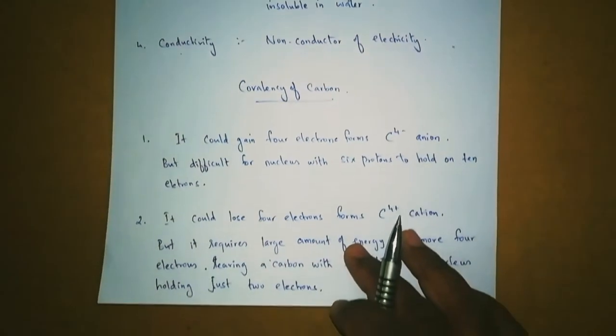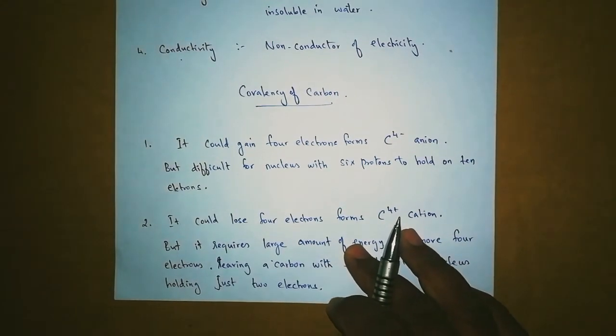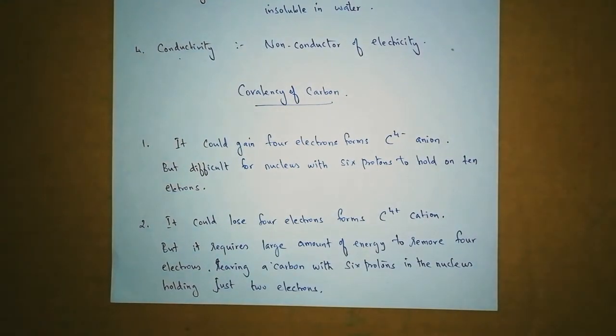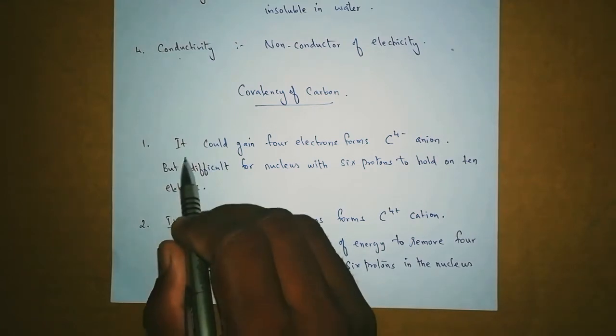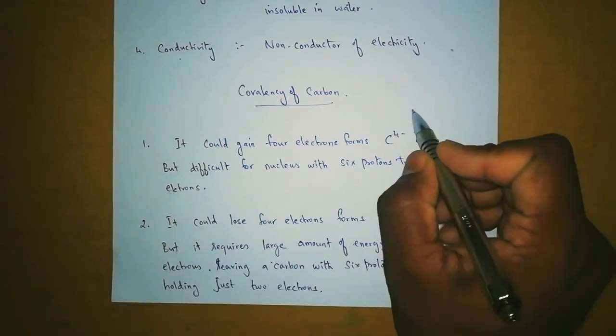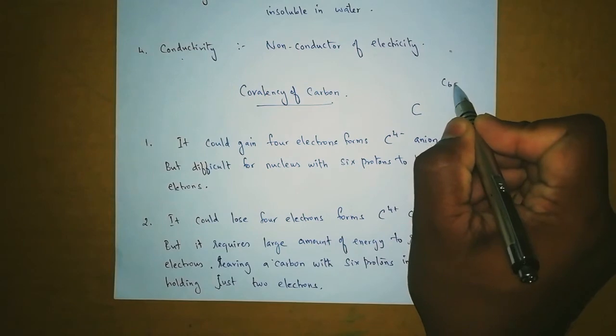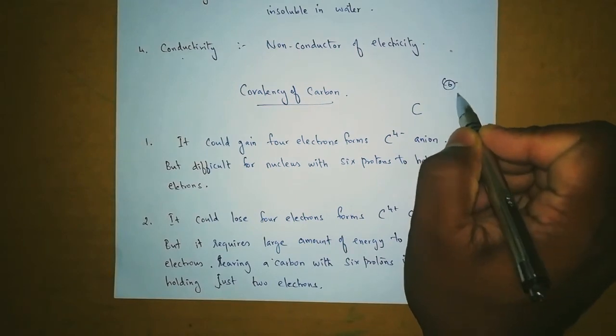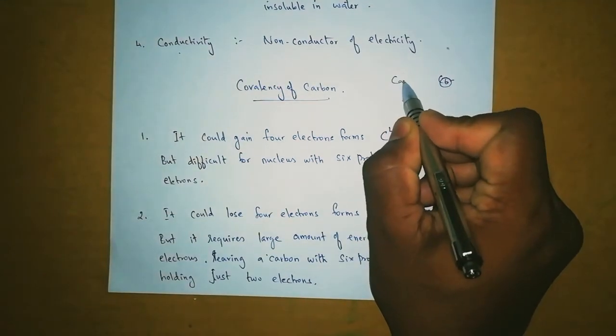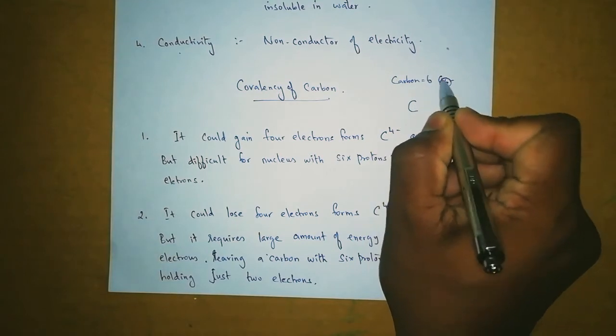Let's move on to the covalency of carbon. Covalency of carbon talks about how carbon is going to combine with other carbon or atoms of other elements. Carbon has atomic number 6.